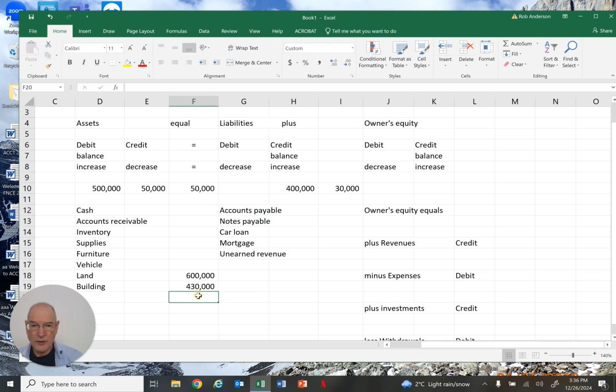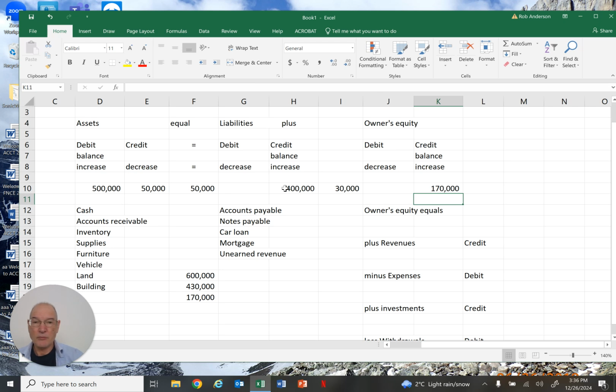If I take one from the other, I'm left with $170,000. So the $170,000 would be here. That would be your stake in or your equity in your own assets.